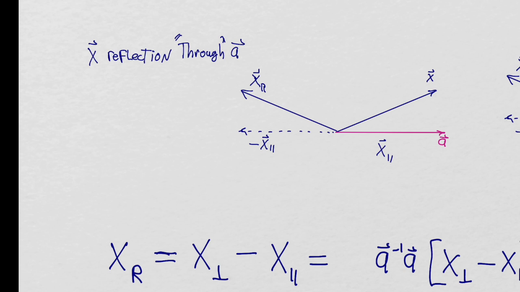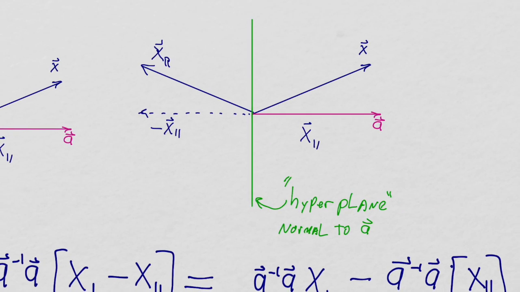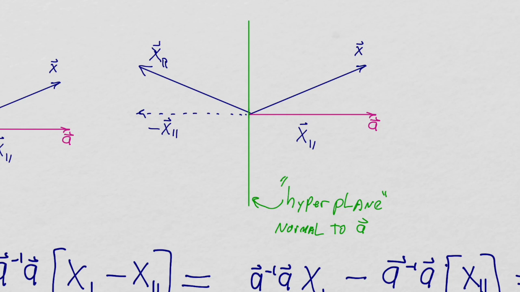Instead, we want to flip this parallel part. So we're not really reflecting through A, we're reflecting over and around A. And the right way to think of it is that you're reflecting through a plane. A plane is more like a mirror anyway, right?